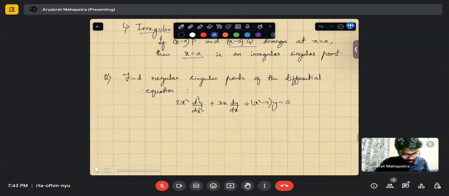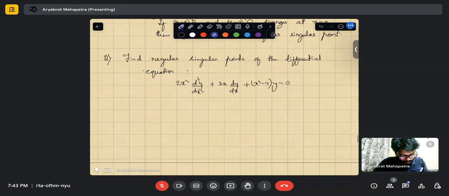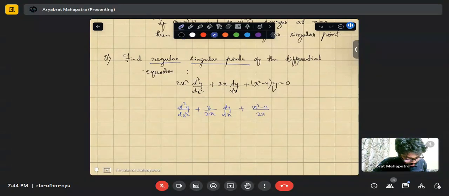So this is a quick example to find regular singular points. This differential equation I can write as d2y/dx2 plus 3 by 2x dy/dx plus x square minus 4 by 2x square y equals 0.